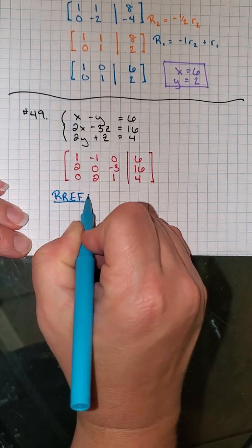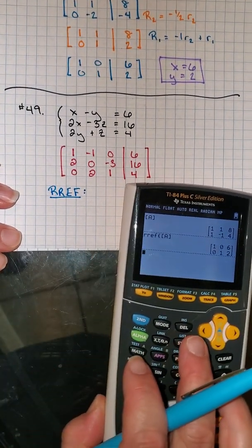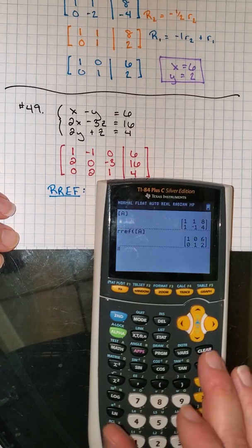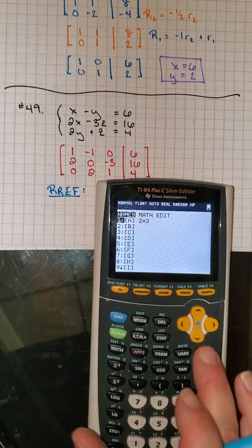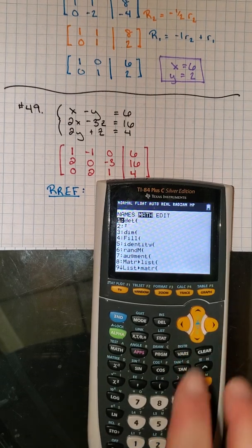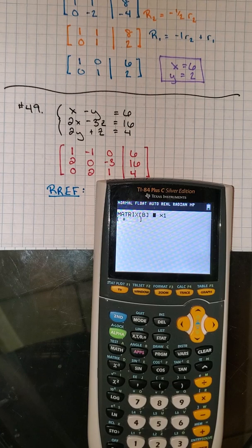Okay, so reduced row echelon form, that's that RREF. So I need to go back. I'm going to put this matrix in for B. I actually need to go over to edit. Put it in for B. This one is a 3 by 4.